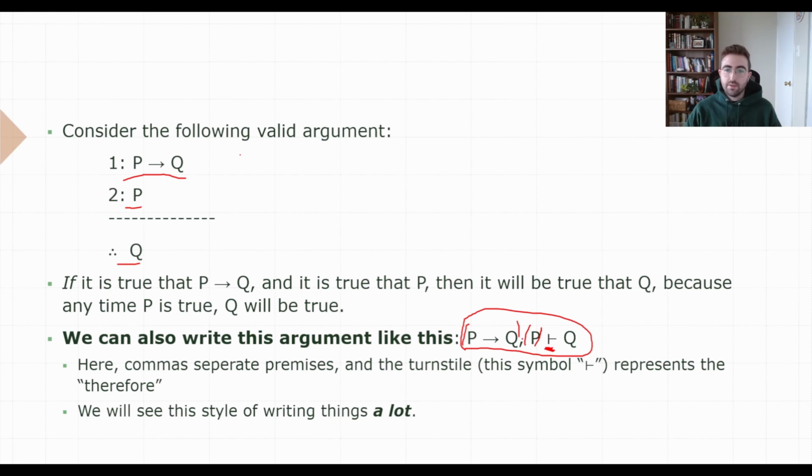And we notice that the premises are separated by a comma in between them, right, down here. So at this point, you just need to know that this is a style of writing out argument forms that we're going to see a lot. You list the premises, you separate each premise with a comma, and then we have the turnstile here, which is like a therefore symbol. And it tells us the thing on the right of it will be the conclusion. Okay. So this is just setting up what we're going to do.